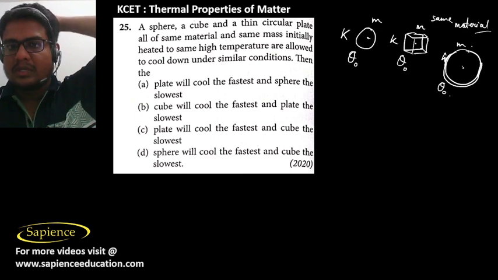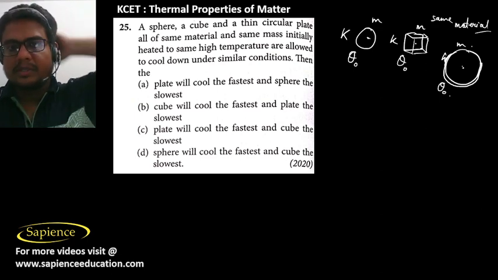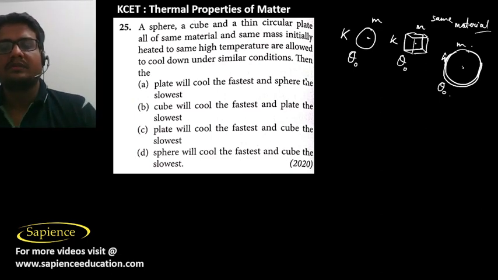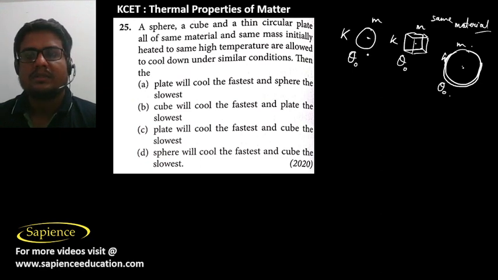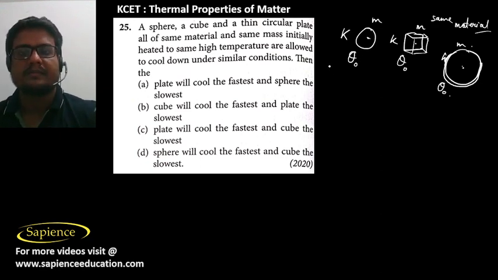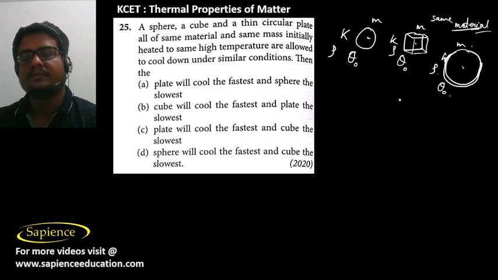They are allowed to cool down under similar conditions, then the plate will cool down the fastest and the sphere the slowest. So they have the same mass and the same material, which means the density is also the same.